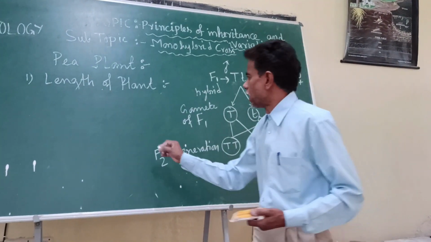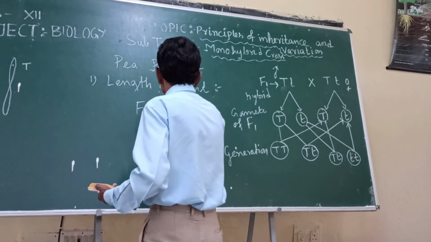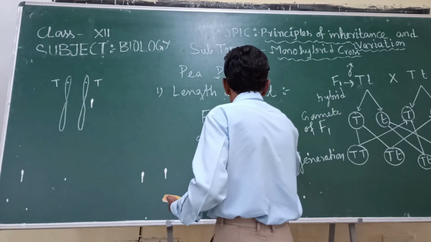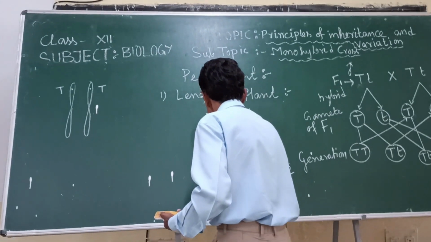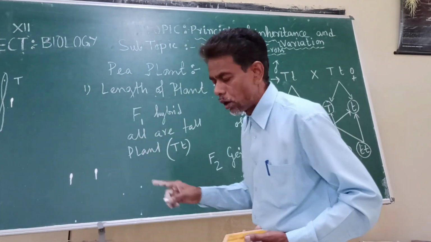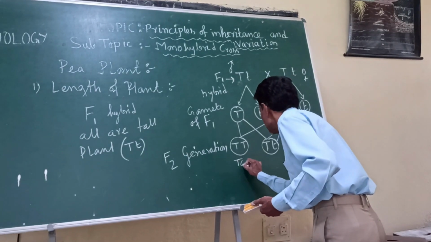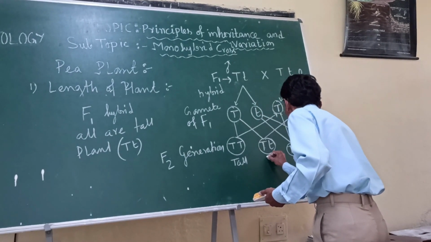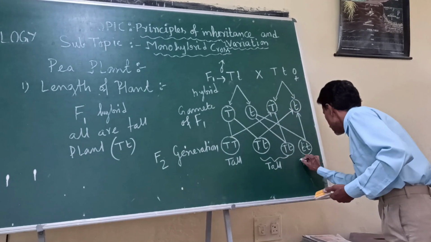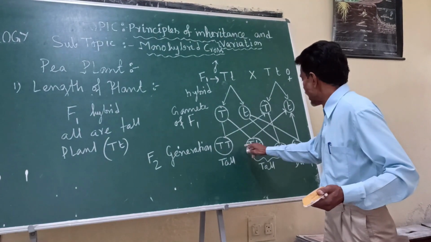So in the F1 generation, we saw the F1 hybrid, all are tall plants with the genotype capital T, small t, that is heterozygous tall. Here we have seen what is the phenotype. This is tall, these two are tall, this is dwarf. But do you find any difference?